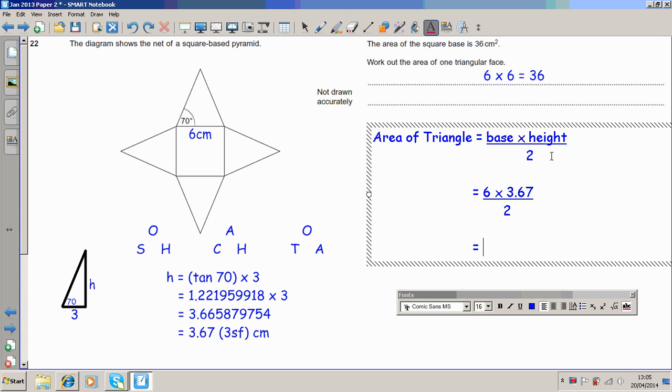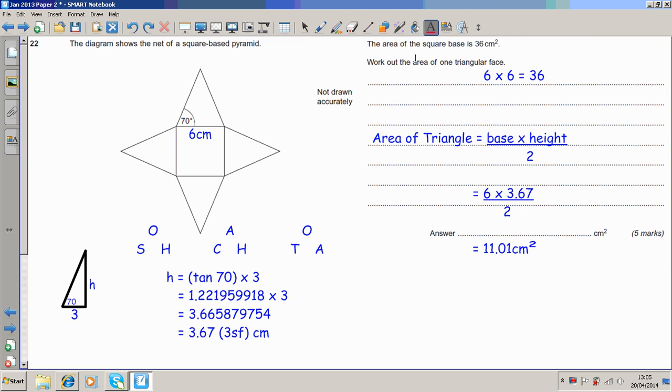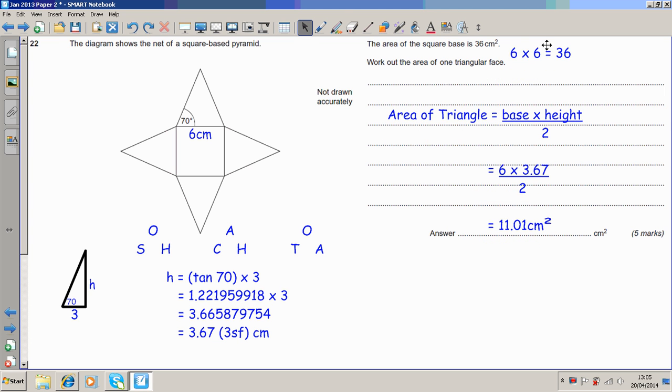So 6 times 3.67 divided by 2 is 11.01 centimetres squared. And there we have it, there's your answer, 11.01 centimetres squared.